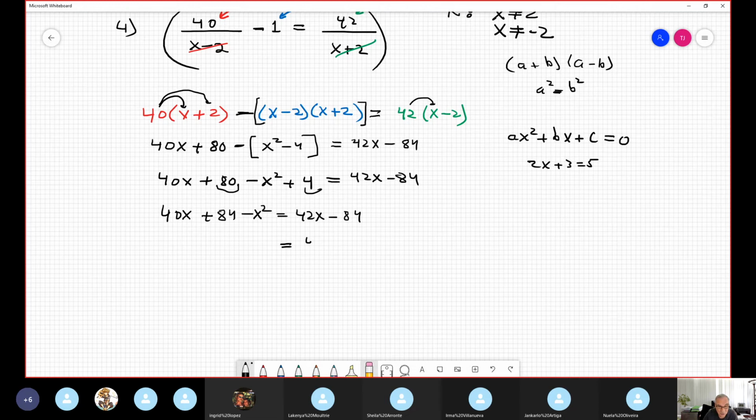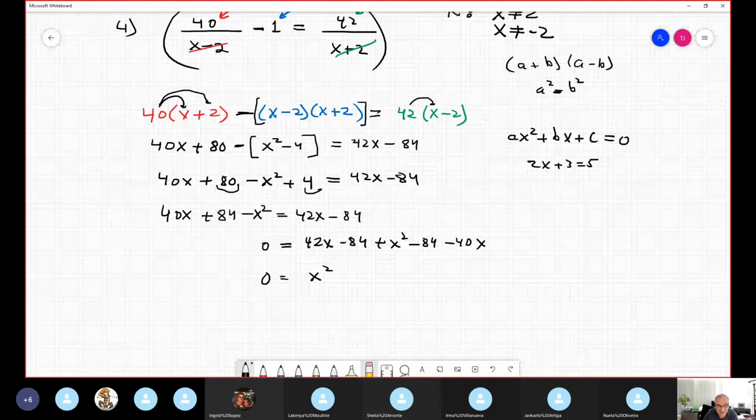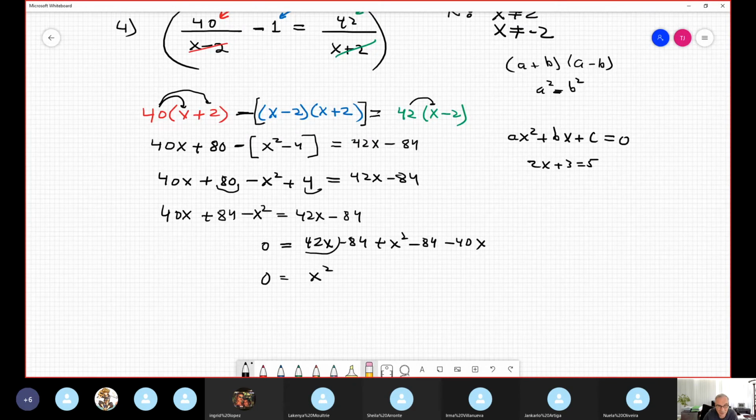Entonces I put 42x stay, minus 84 stay, plus x squared minus 84 minus 40x and nothing in the left hand side. Okay, so we combine. We have x squared. You organize in descending order of the degree. 42 and 40 is 2. Minus 84 times 2.